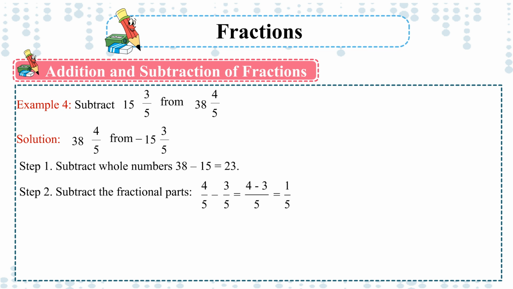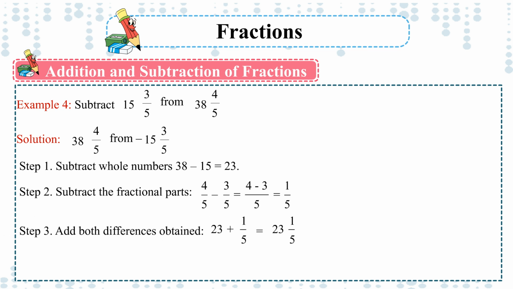Subtract the fractional parts. 4 upon 5 minus 3 upon 5 is equal to 4 minus 3 upon 5 is equal to 1 upon 5.